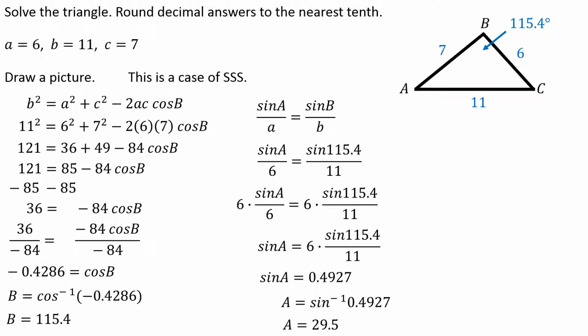Again, that's a lot of step-by-step algebra I need to show on my paper. I don't just want to see that 29.5 magically appear. I need to know the proportion that was set up. I need to see the values substituted in. I need to see how sine of A got isolated.